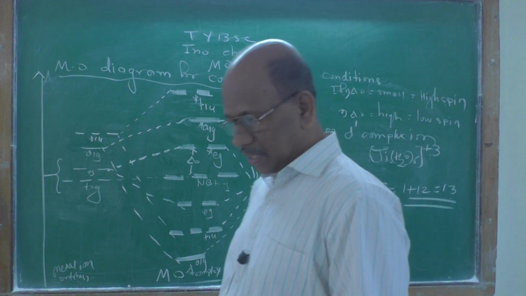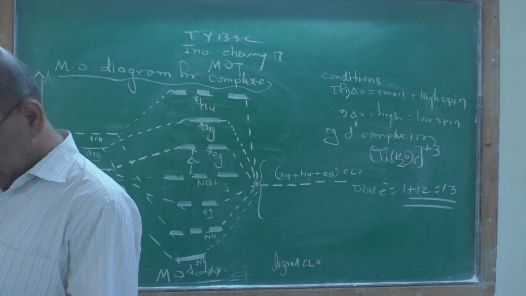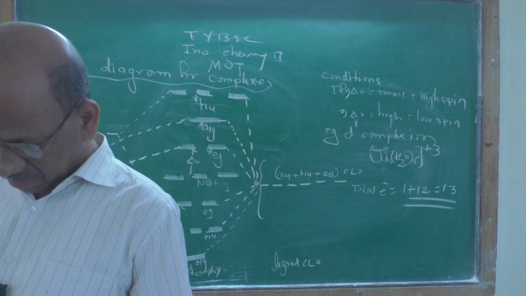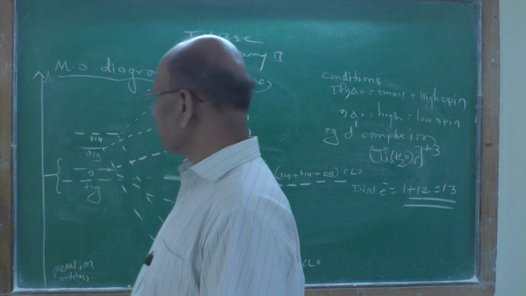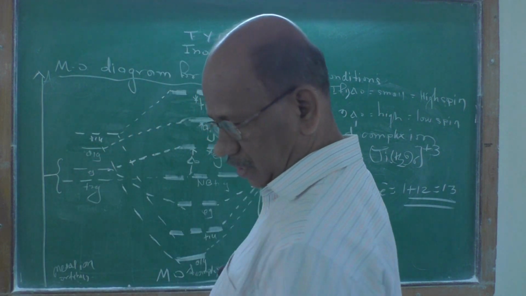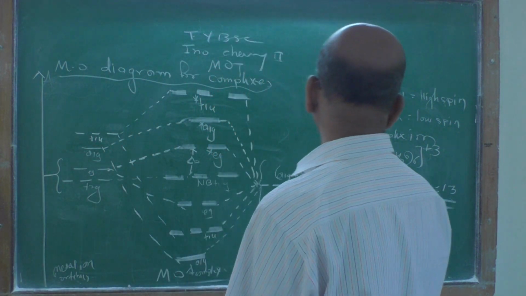So 1 plus 12 becomes exactly 13. We can write down the MO configuration for this particular complex.